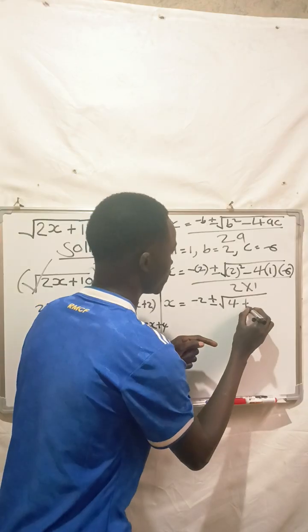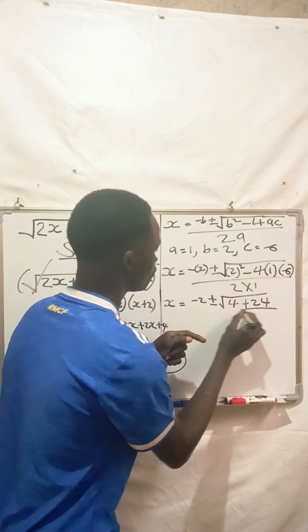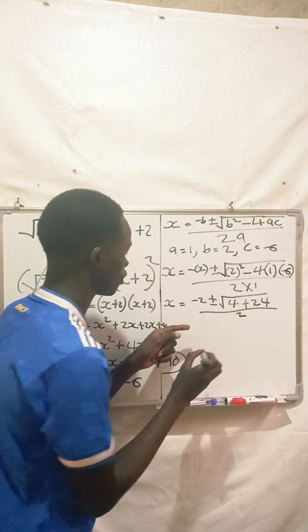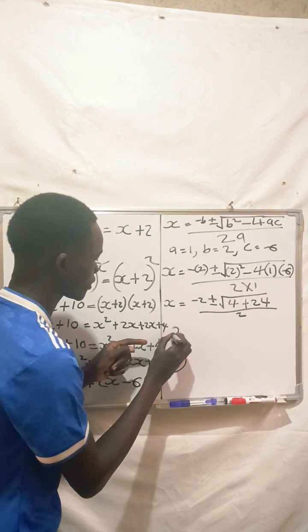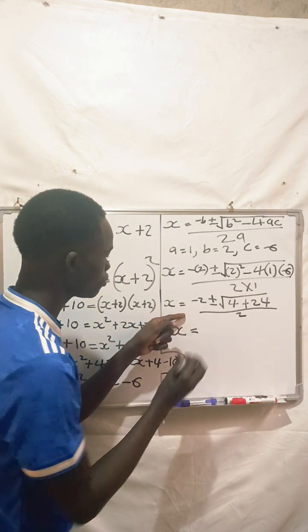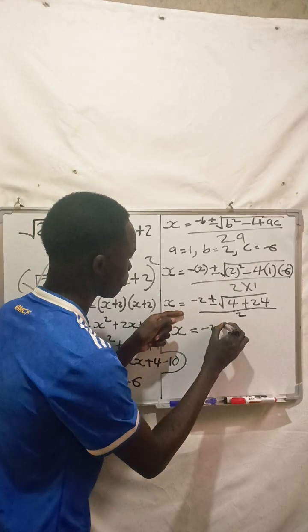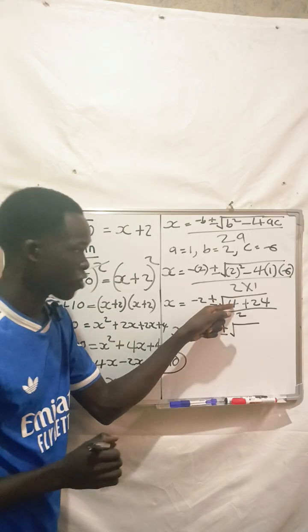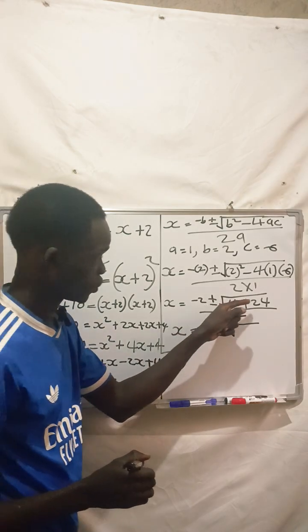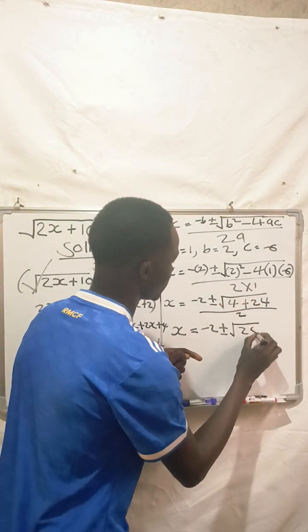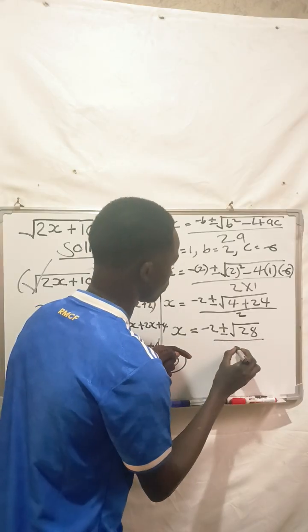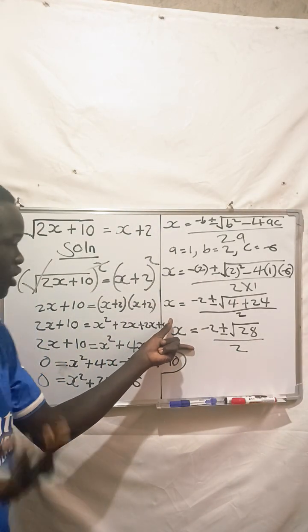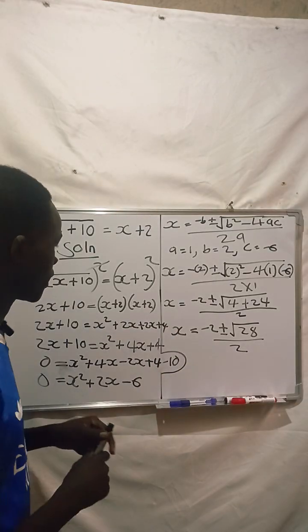All over 2 times 1, which is 2. Now x is equal to minus 2 plus or minus the square root of 4 plus 24, which is 28, all over 2.